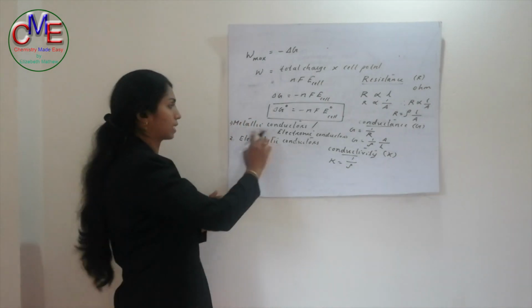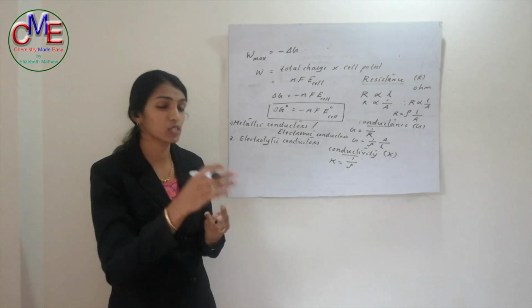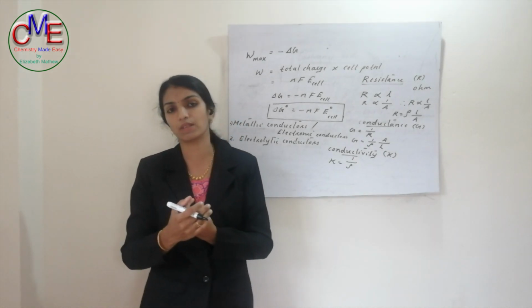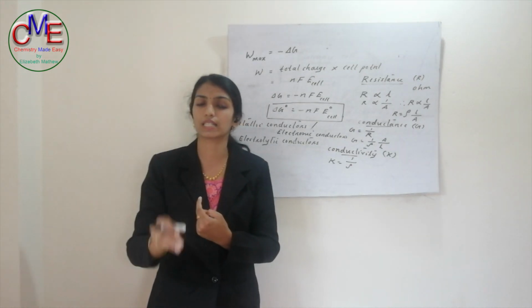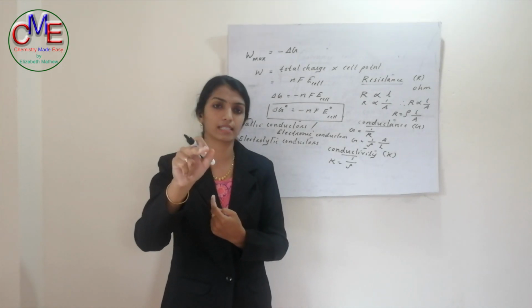Then, what are the factors affecting metallic conductors? First, nature and structure of the material. Second, number of free electrons, valence electrons. If valence electrons increase, the conductivity value also increases. Third is temperature. Temperature increases, conductivity value decreases if the conductor is metallic.